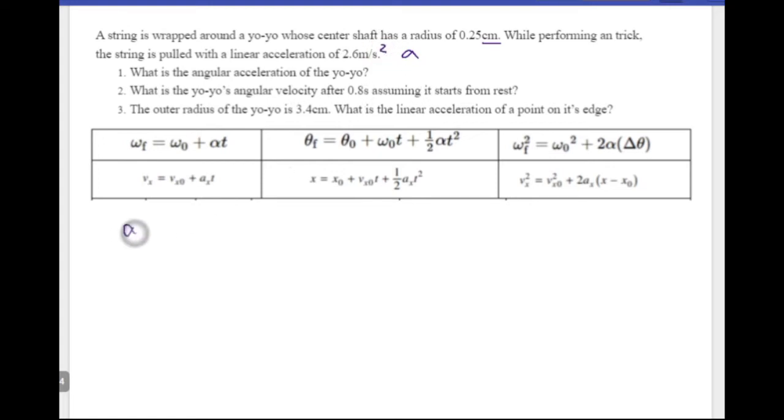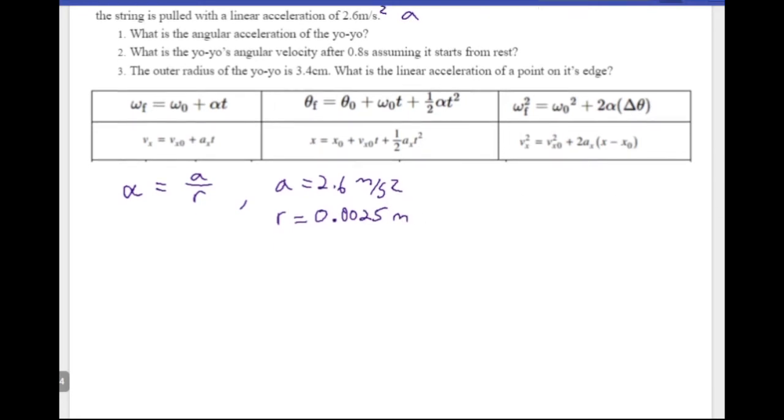Well, we know that angular acceleration is equal to our linear acceleration divided by the radius. The linear acceleration is 2.6 meters per second squared, and the radius is 0.25 centimeters. So we need to convert that into meters because we know that acceleration is in meters per second squared, so we need to be in meters in order for this to work.